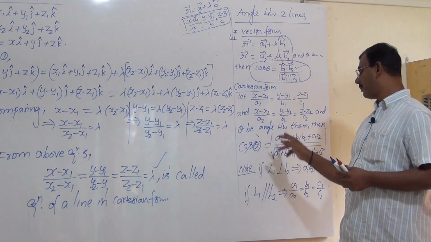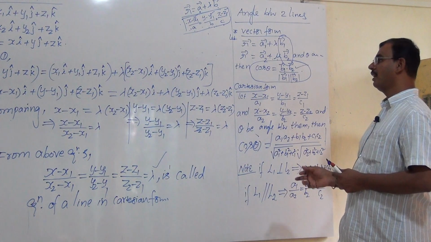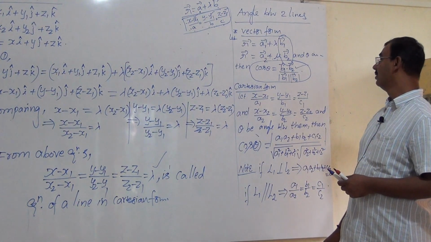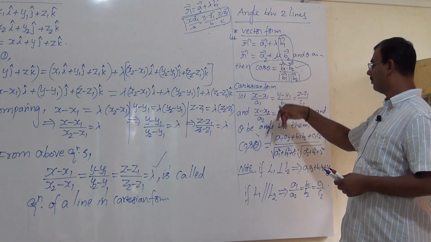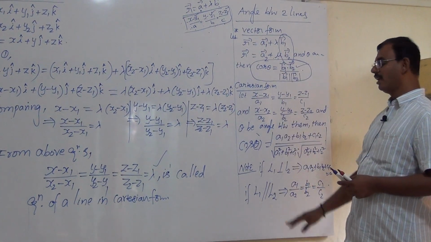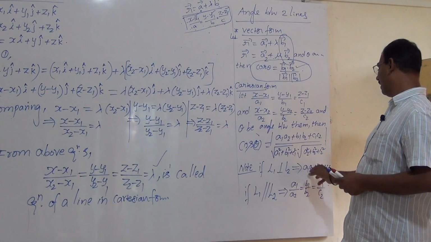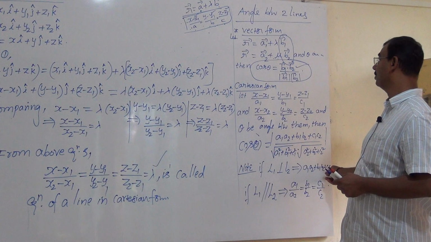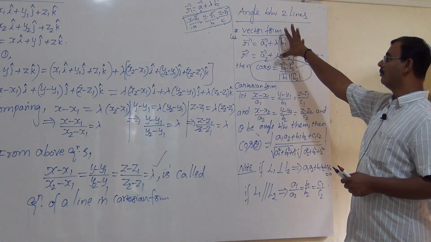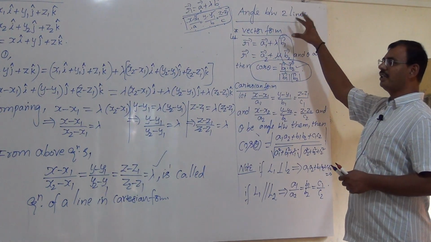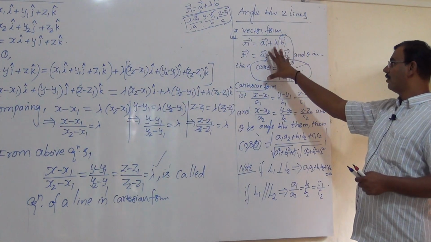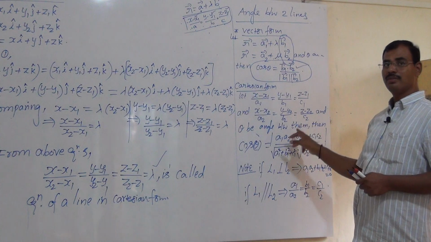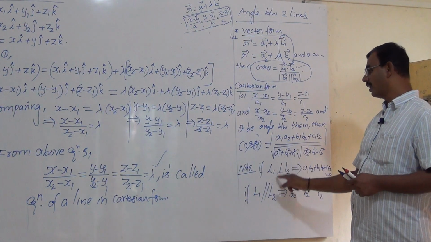If two lines are perpendicular, the condition is a1 a2 plus b1 b2 plus c1 c2 equal to 0. In terms of DCs also we get the same answers: L1 L2 plus M1 M2 plus N1 N2 equal to 0. So you just have to remember the angle between two lines in vector form and Cartesian form, and the parallel and perpendicular conditions, with no need for any derivation.